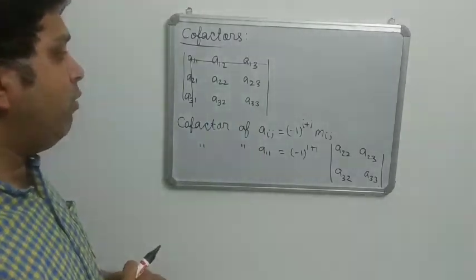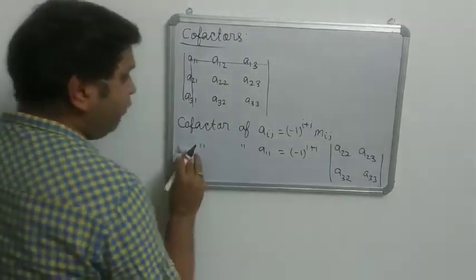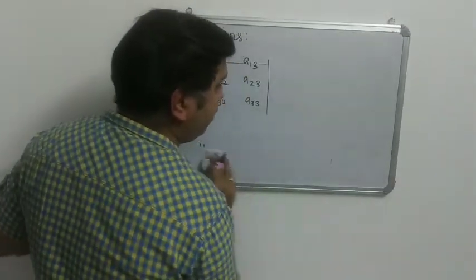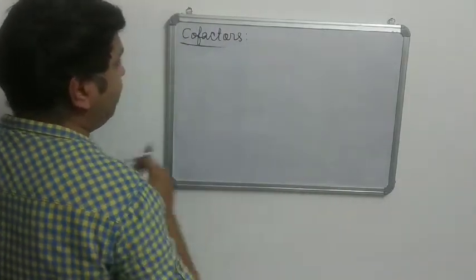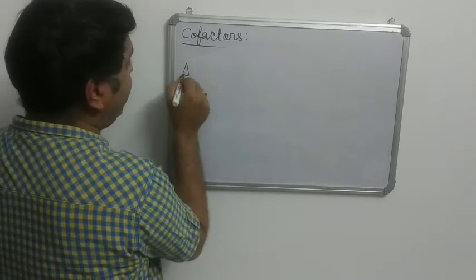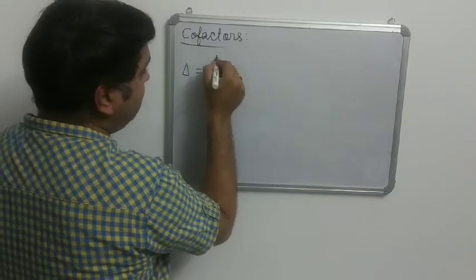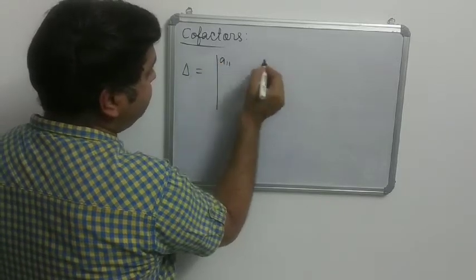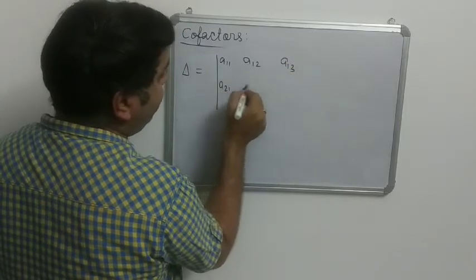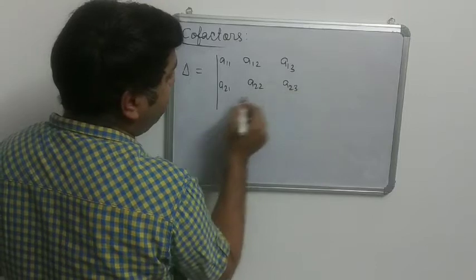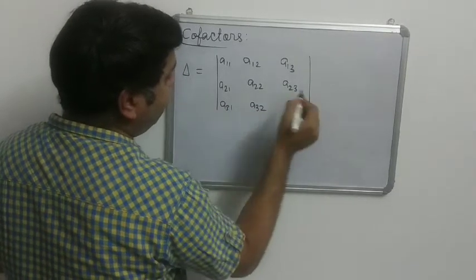Okay. So what is the need of minor and cofactor? With the help of minor and cofactor, you can find directly the value of a determinant. So let us suppose we have the determinant A11, A12, A13, A21, A22, A23, A31, A32, A33.